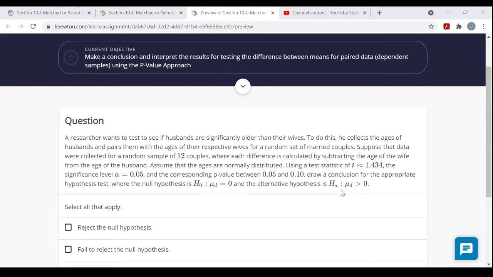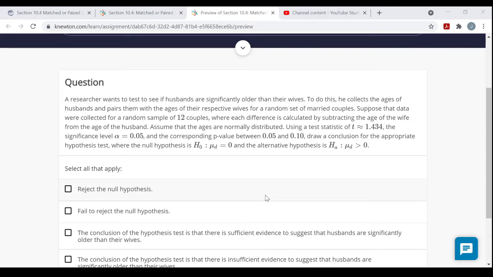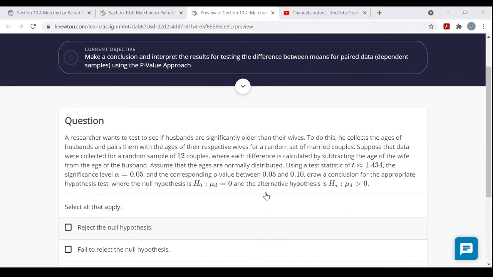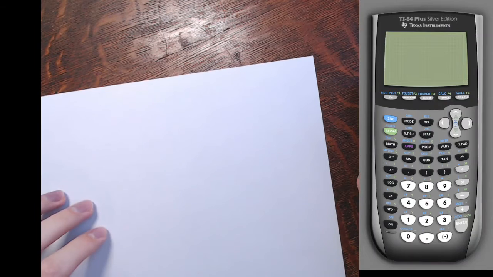Okay, so they gave us everything we need here. You've seen it before in other assignments when they have this make a conclusion and interpret the results for a test. Usually they give you enough information where you really don't have to do all that much. I don't need the calculator for this one. Here, they gave us the p-value.